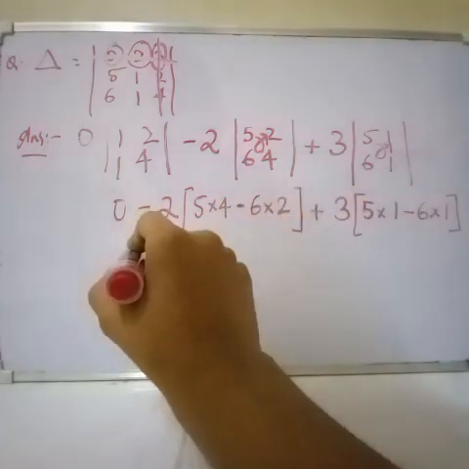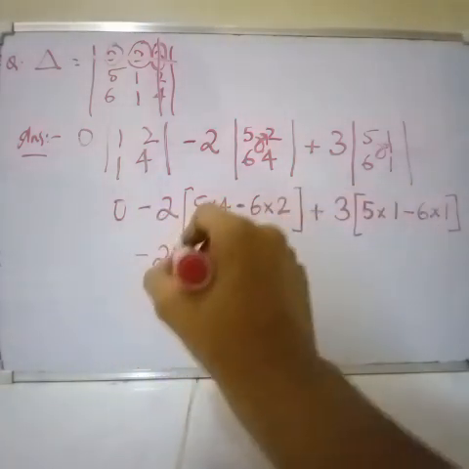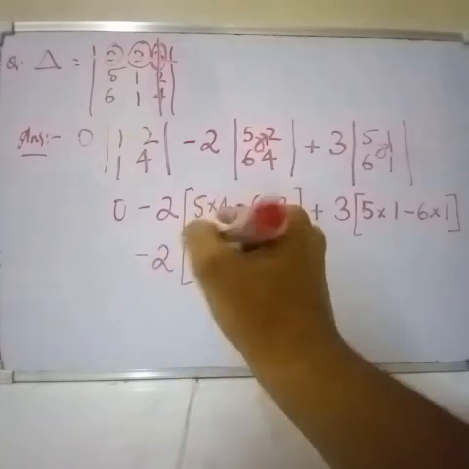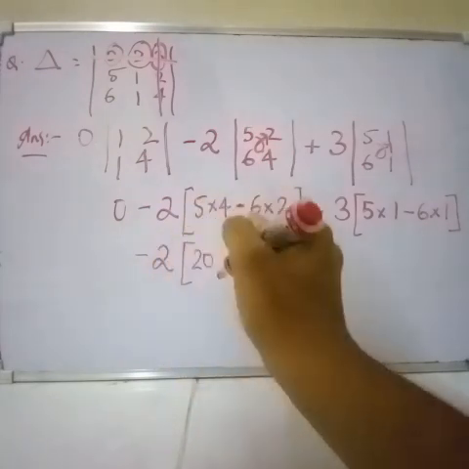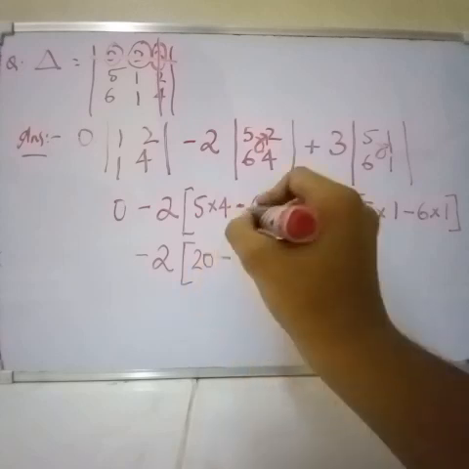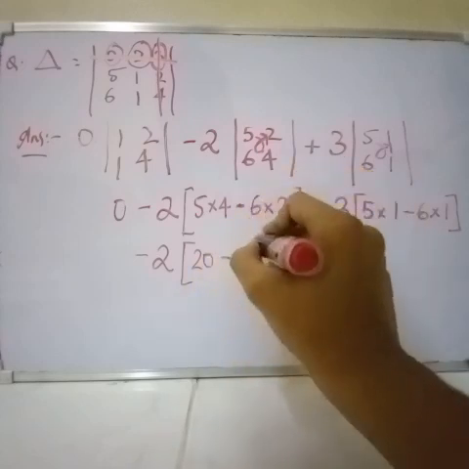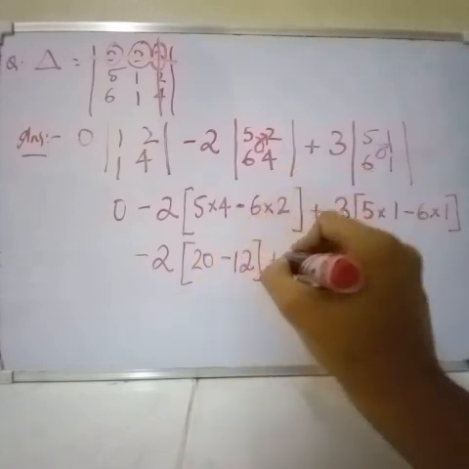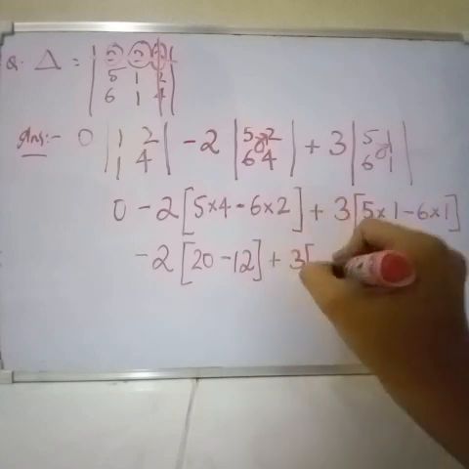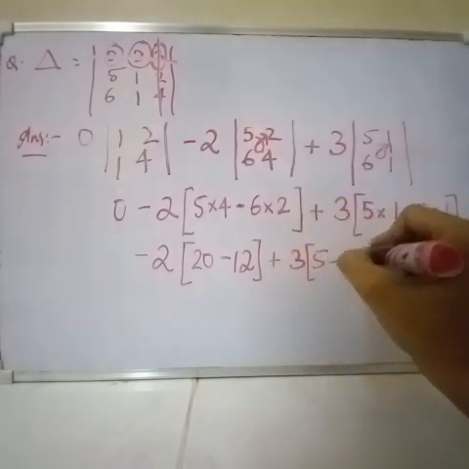Now let's do it. Minus 2, 5 times 4 would be 20, and 6 times 2 would be 12, plus 3 times 5 minus 6, right?